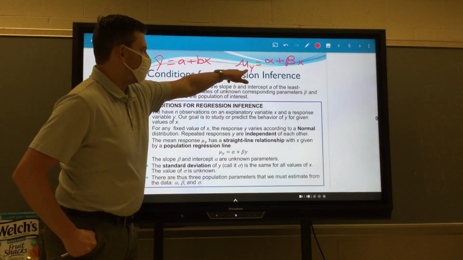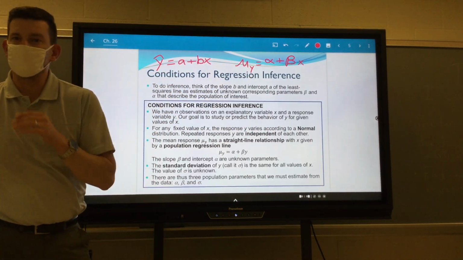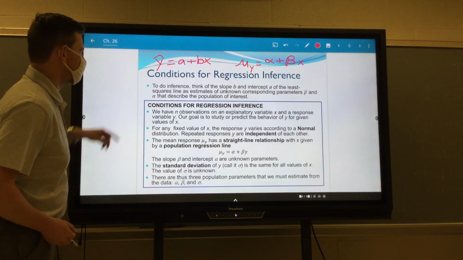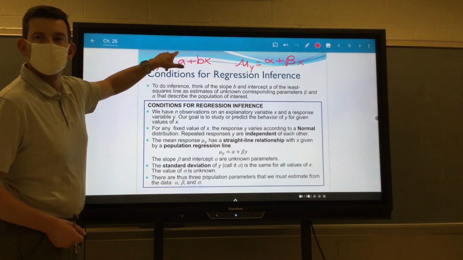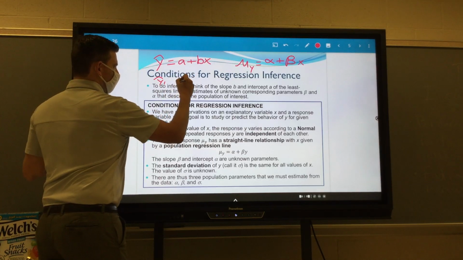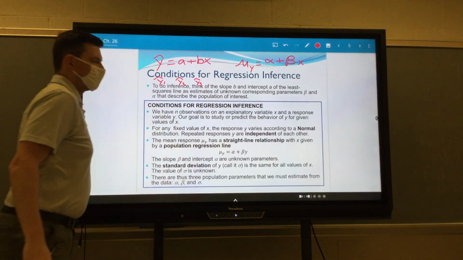Now I do use a mu here to represent this end result for our population. I said that we have a bunch of possible theoretical samples. We could have one regression, y hat 1, y hat 2, y hat 3.